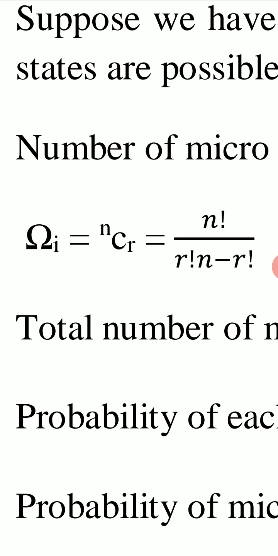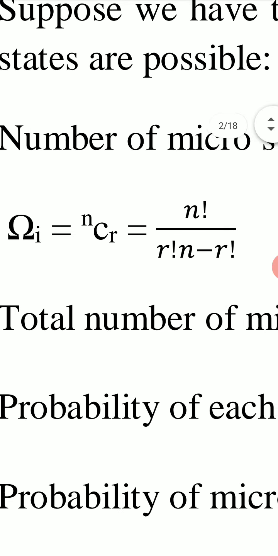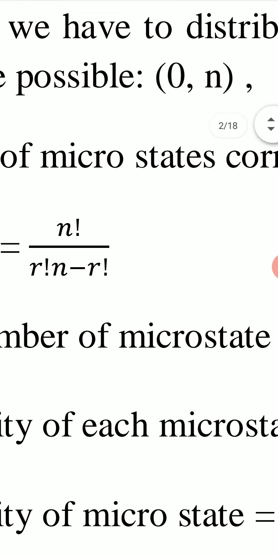In the numerator we have factorial n, the factorial of the total number of particles. In the denominator we have 2 factorials. The first is factorial of r, the factorial of the number of particles in the first box, and the second factorial is factorial n minus r, the factorial of the number of particles in the second box.